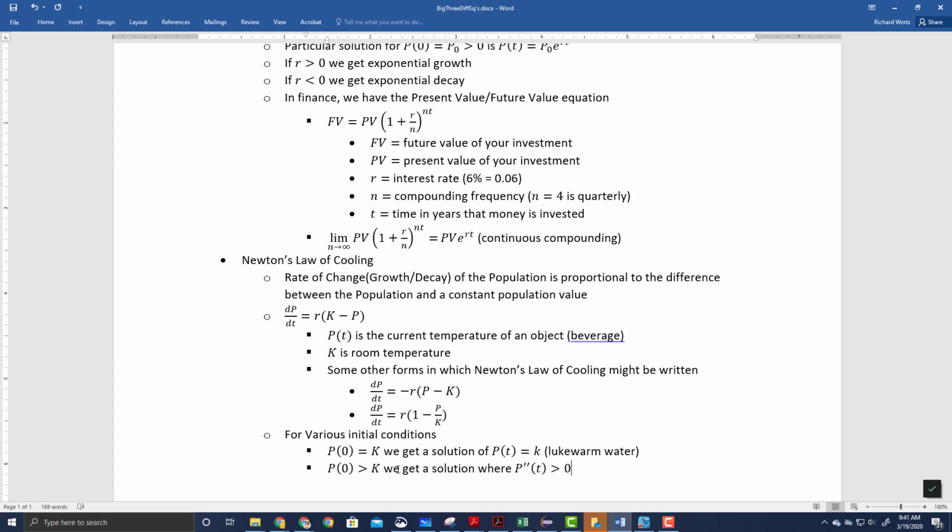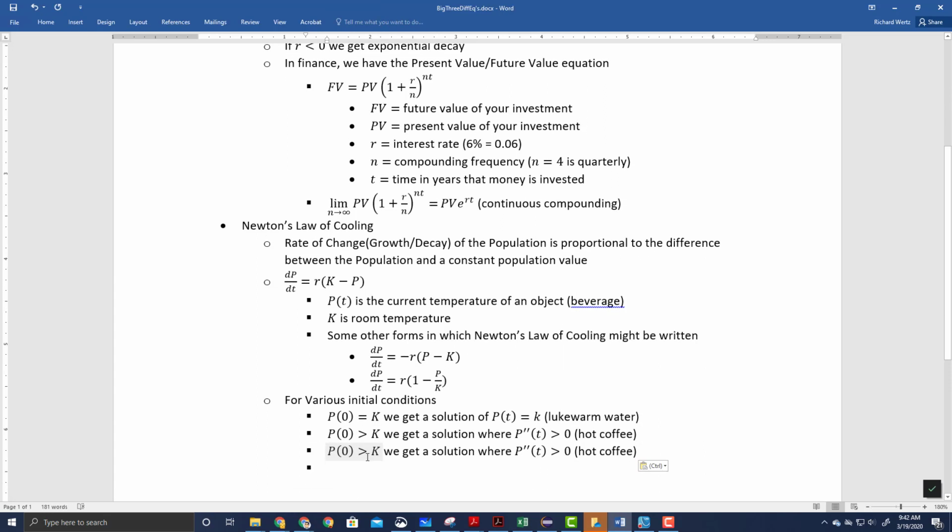We get a concave up solution, and that would be hot coffee. And let's just change that one for an initial condition where the initial temperature is less than k. We get a solution that is concave down. So that would be like cold Gatorade.